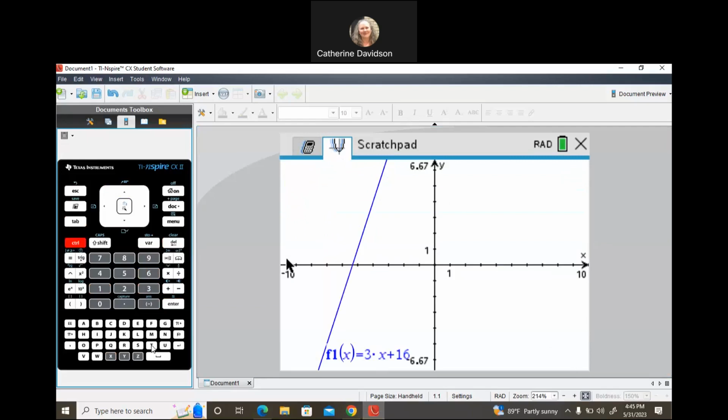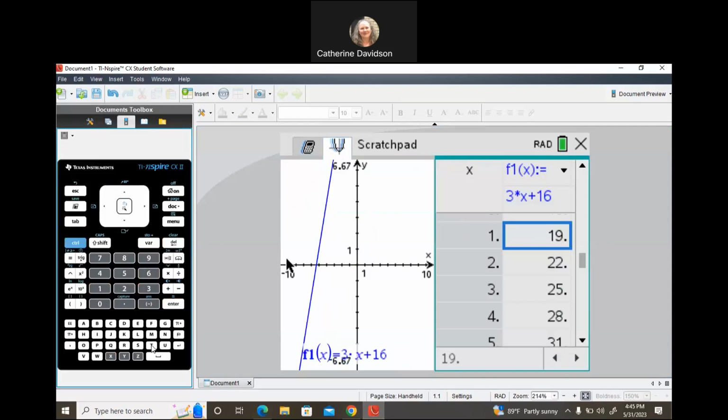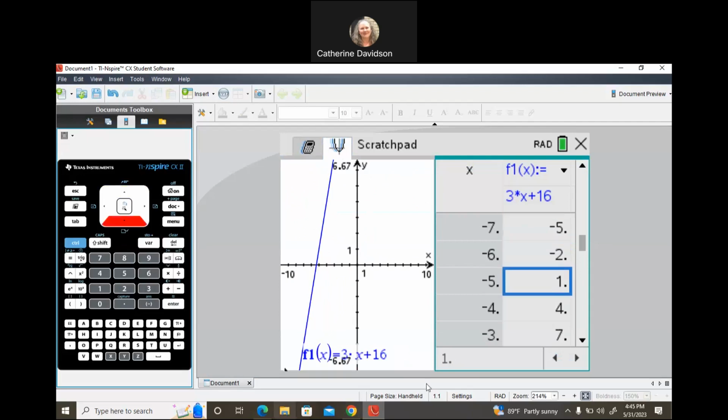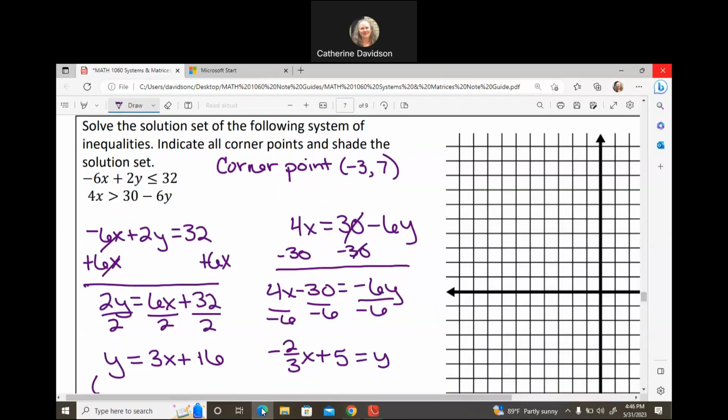So that's Control P. And we want ones that are going to fit on our grid. So -4, 4, and -5, 1. And that's the first inequality. That is going to be a solid line because it's a less than or equal to.